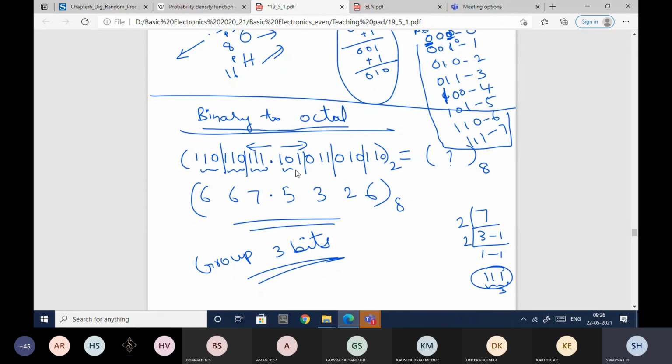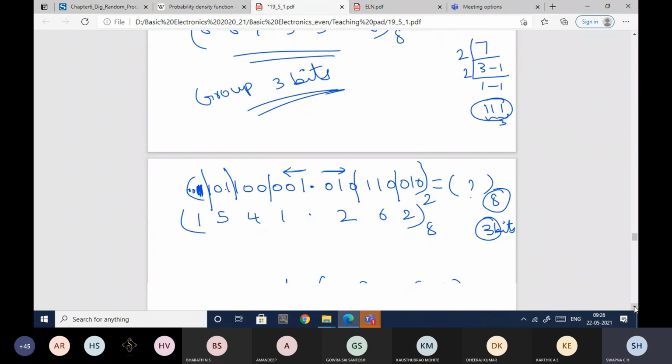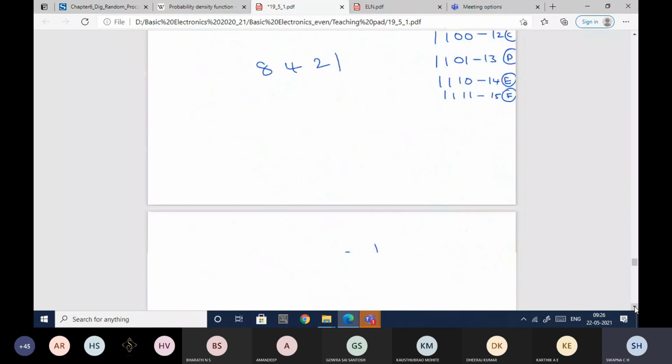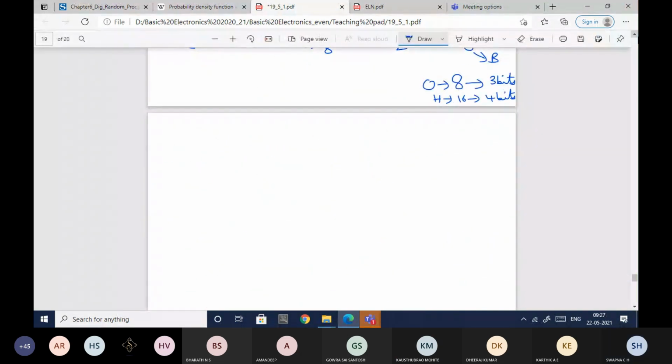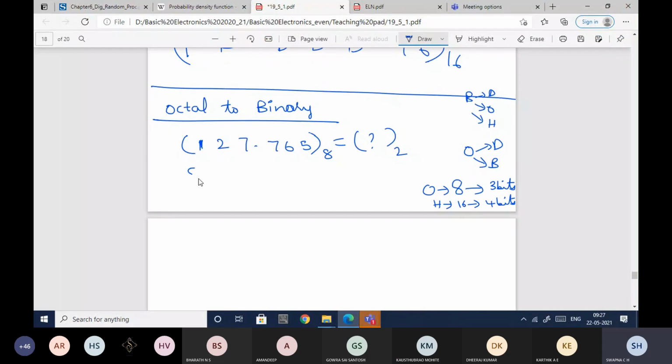Yes, ma'am. When it comes to octal to binary, you need to split each digit to 3 bits.